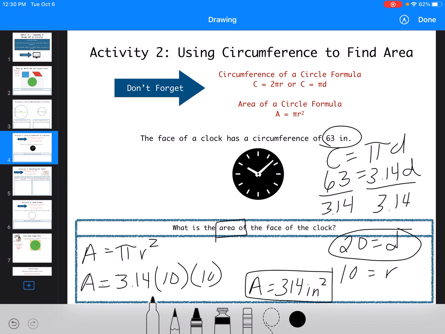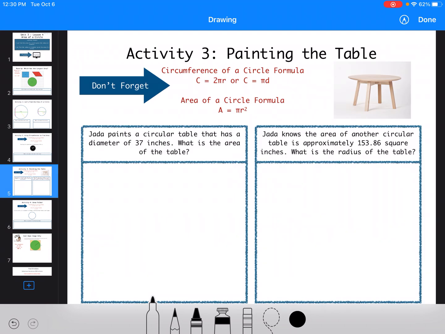All right, so let's look at the next one. So now we're trying to paint a table. So we're trying to cover it. All right, so Jada painted a circular table that has a diameter of 37 inches.